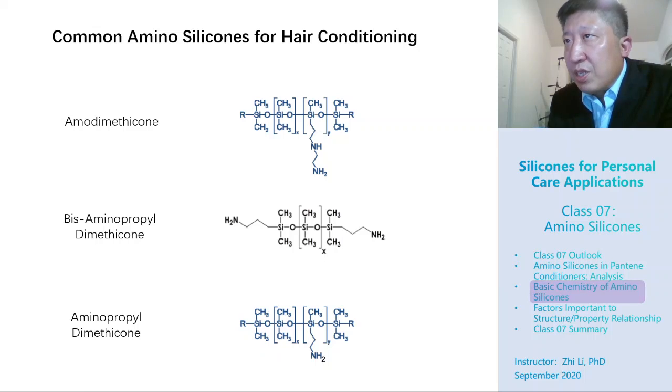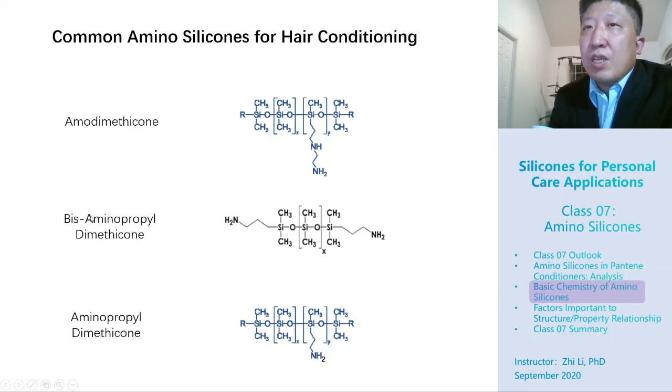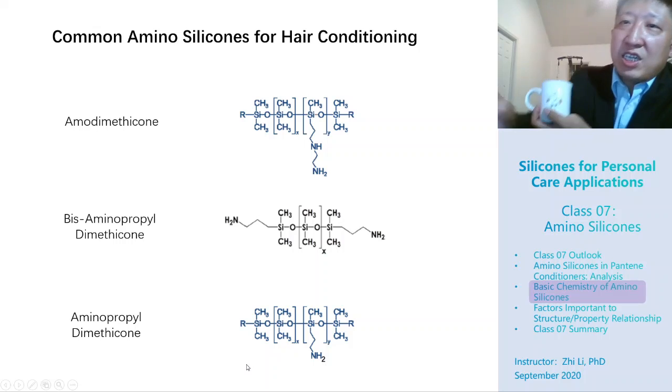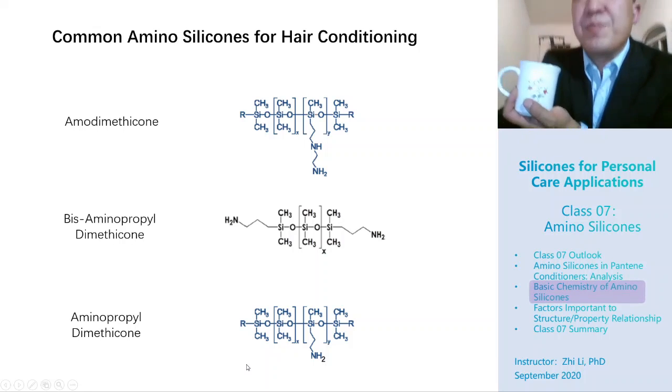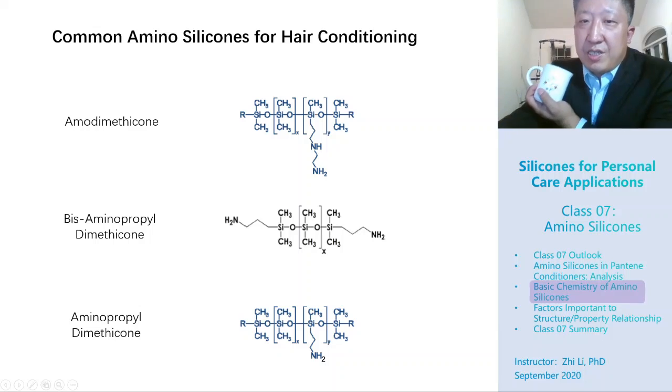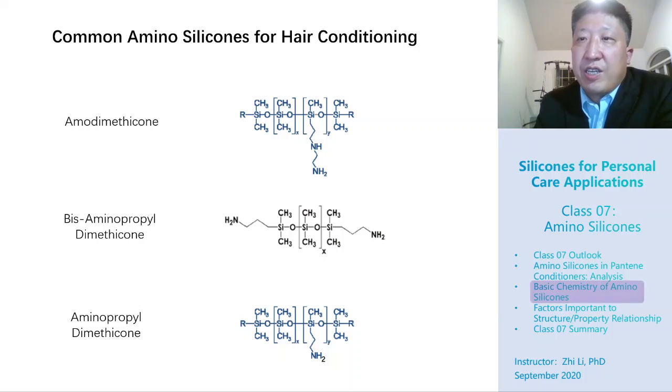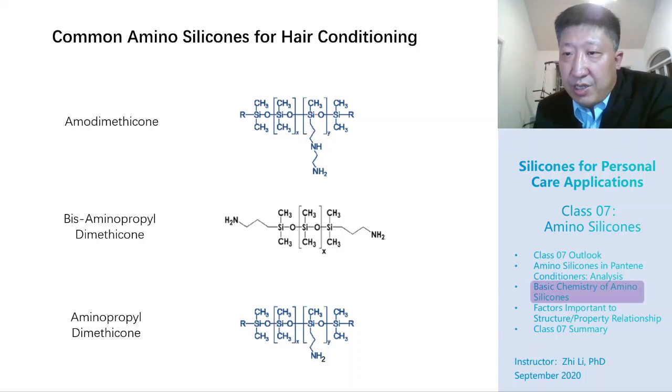This particular silane, this aminopropyl silicone I talked about, is terminal modified. If we change this amodimethicone structure to a simple one, we get a more complicated INCI name, aminopropyl dimethicone. Amodimethicone probably got the INCI name earlier. They are lucky.